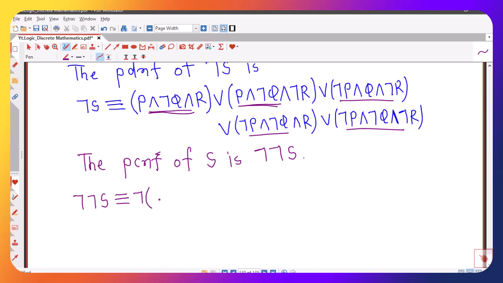So now I am writing negation of P and negation Q and R, and the OR operator is now converted into AND operator.